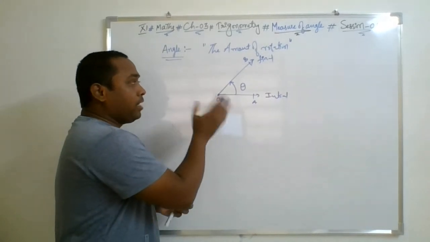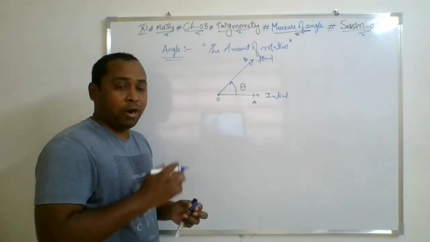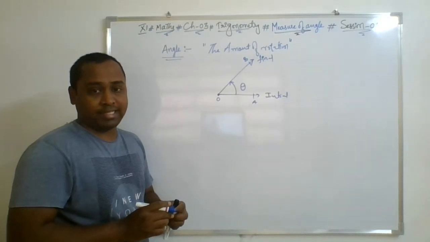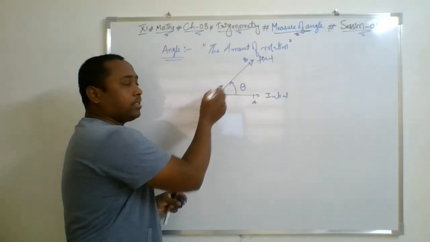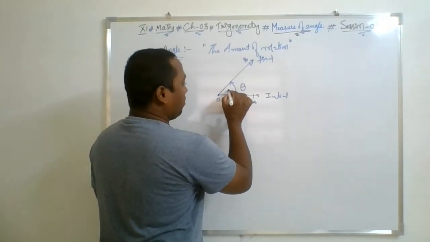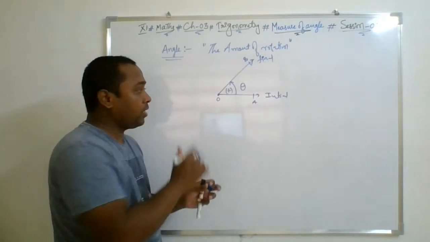But while dealing with the angle, apart from the amount of rotation, the direction also makes sense. That is why here the anti-clockwise direction is considered as positive direction. It's called positive angle, right?